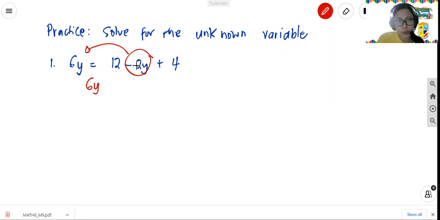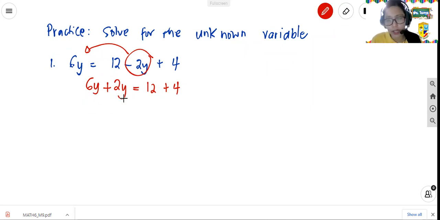So if I transpose negative 2y to the right side, it will become positive 2y. Okay, 12 and 4, I don't need to move them. They have to be just there. So I will just write 12 plus 4, and then I'll simplify it later. Now, what is 6y plus 2y? Of course, you can add them because they are like terms.